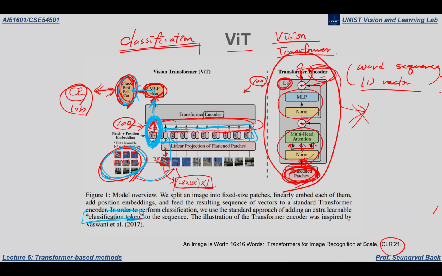So the number of input tokens for the Vision Transformer is the number of input patches plus one. We need an extra classification token, which will be further processed to the class probability, and the cross entropy loss, the only supervision, is applied to this probability output.